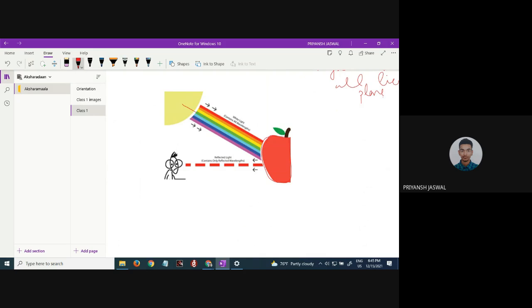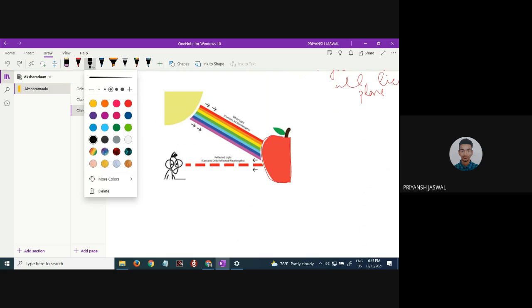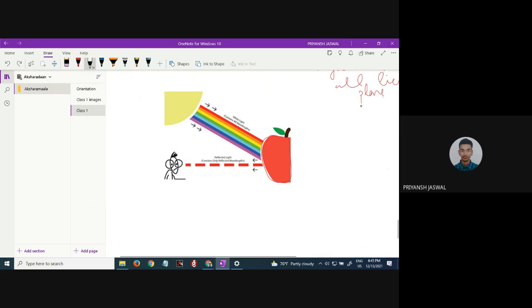It's simple. The light from the sun or some other source like a tube light or torch is incident on the apple. Say white light is incident on the apple from the sun or some other source, and it reflects the light back.